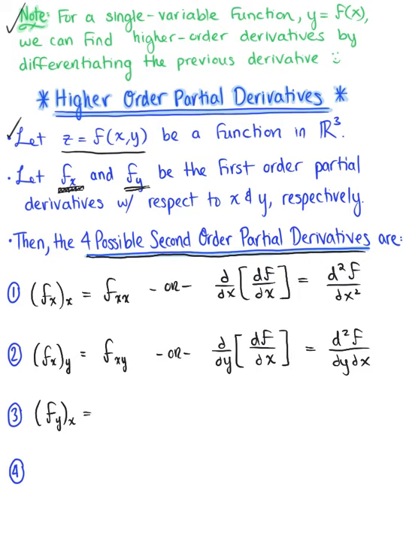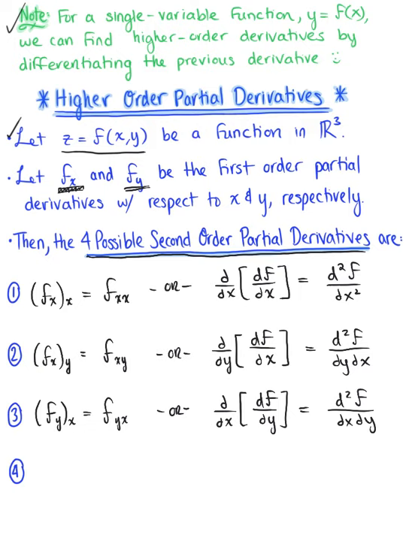This leaves us with the second order partial f sub yx. Or using our differential notation, we are differentiating with respect to x the first order partial derivative of the function with respect to y, which leaves us with d squared f by dx dy.